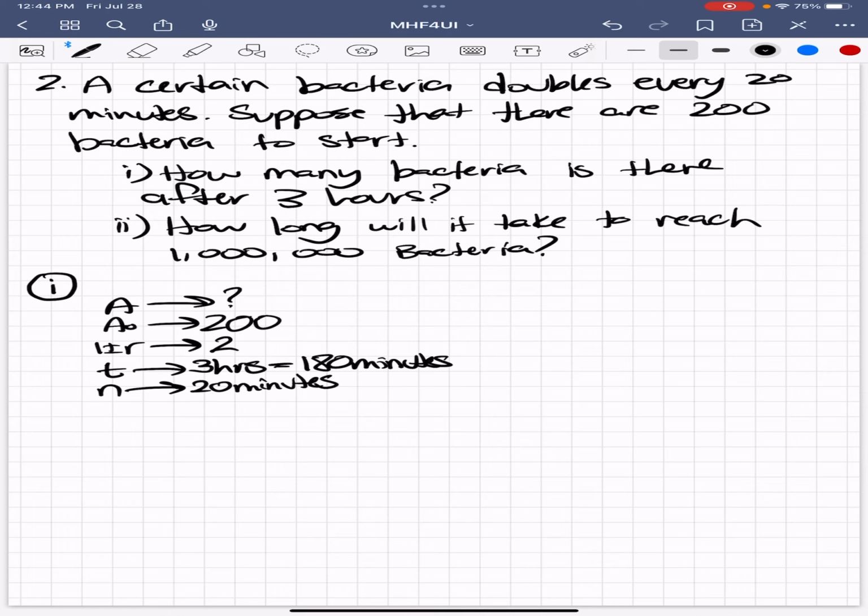And then we don't know how many bacteria there are after 3 hours, so we're solving for the final amount. So I like to write the formula first, and let's get started.